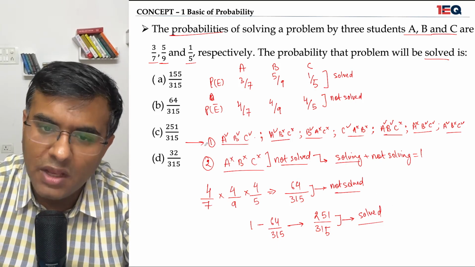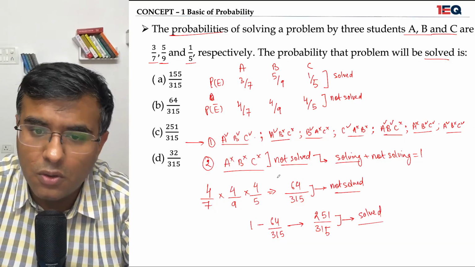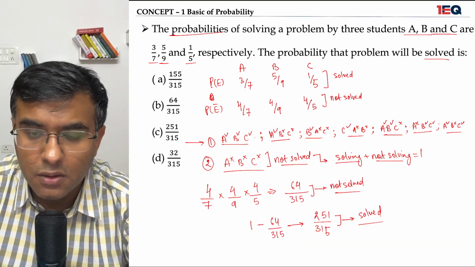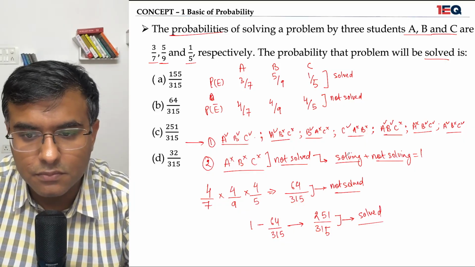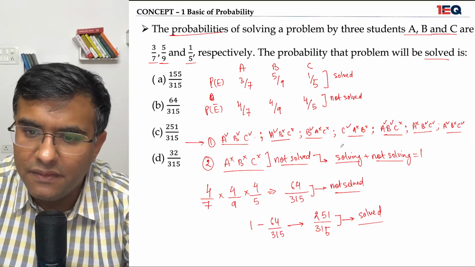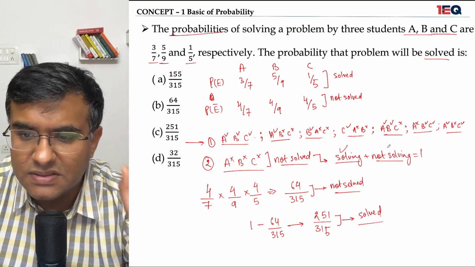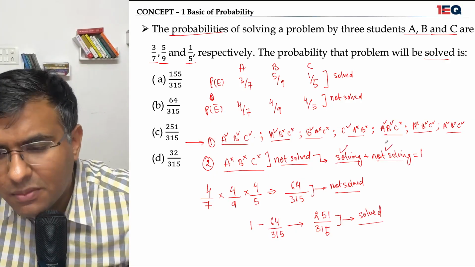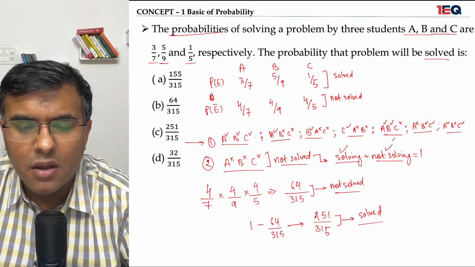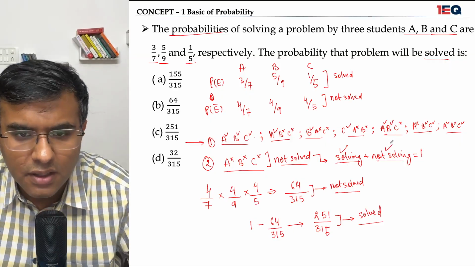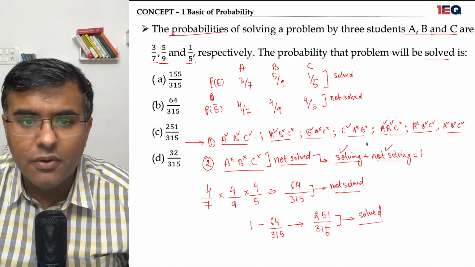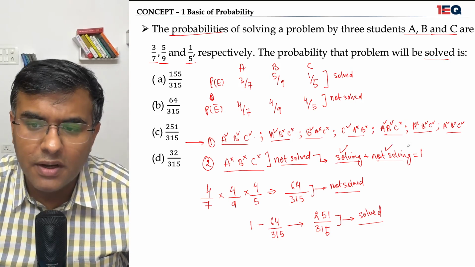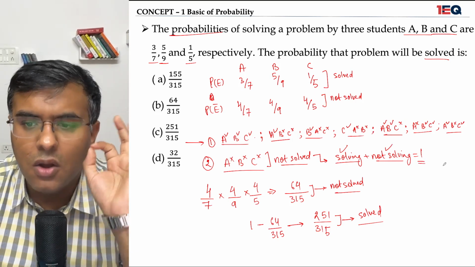Instead of taking the long route, you can always follow this method of the complementary property of probability, which simply says that an event occurring in my favor and the event not occurring in my favor, when both of them are added, I would be given the answer as 1.